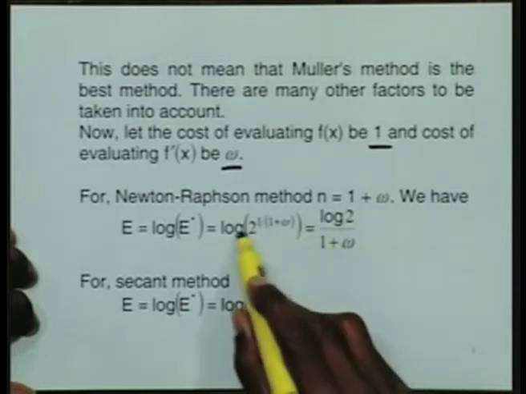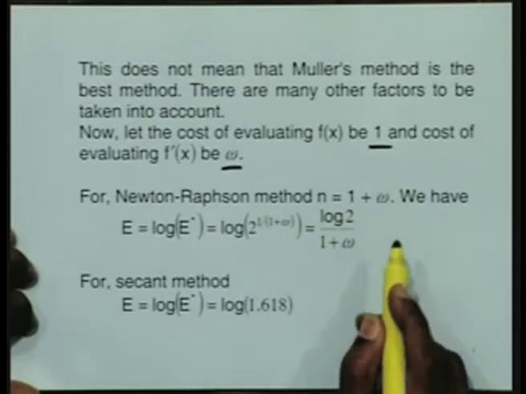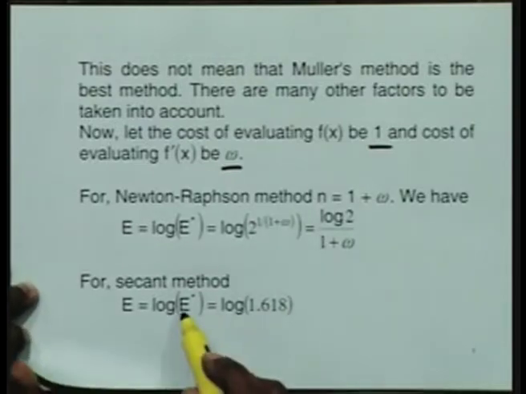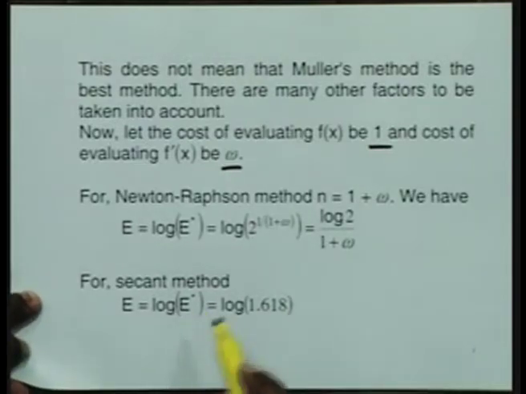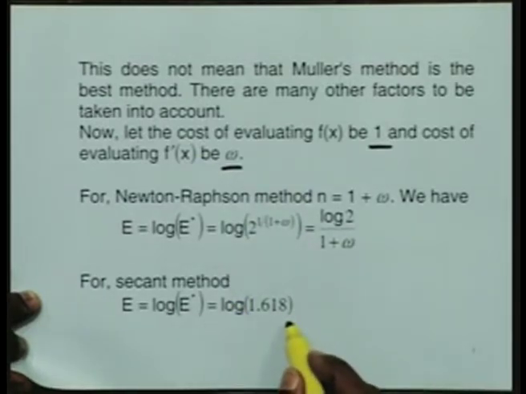This I can write as the logarithm of 2 divided by 1 plus omega. If I look at the same quantity for the secant method, it has no evaluation of f prime, therefore whatever we had earlier would remain as it is: the logarithm of e star is the logarithm of 1.618.